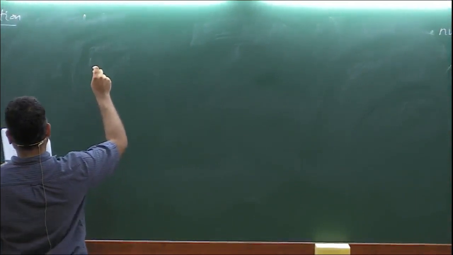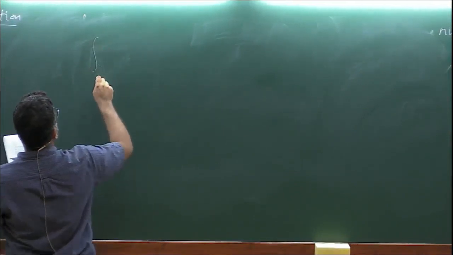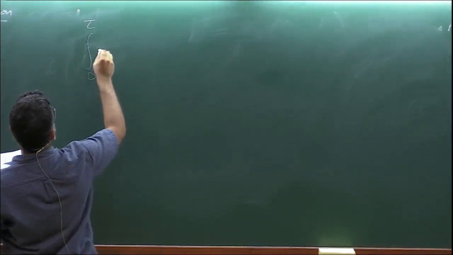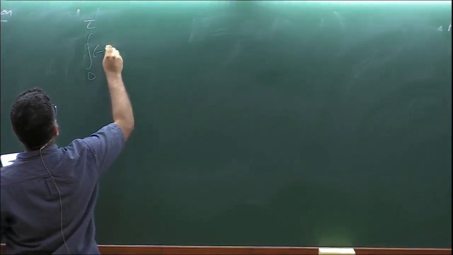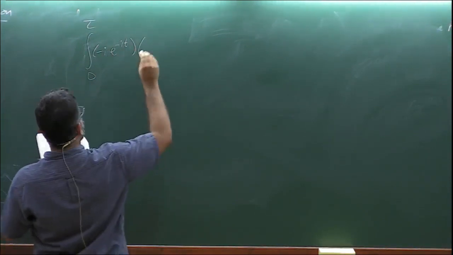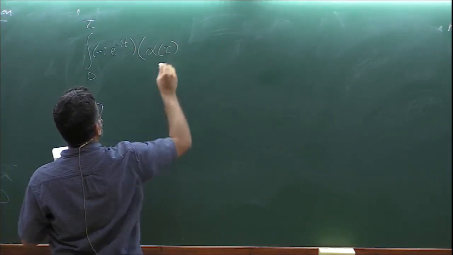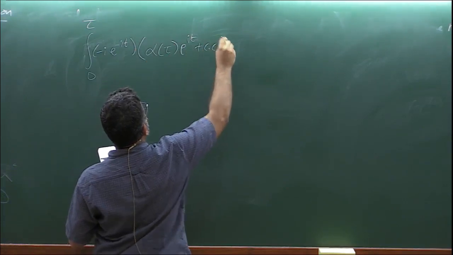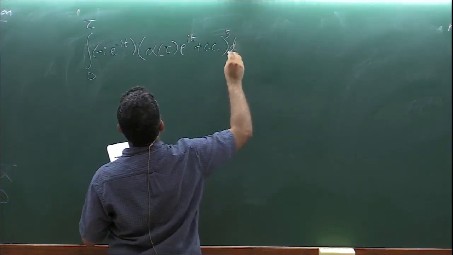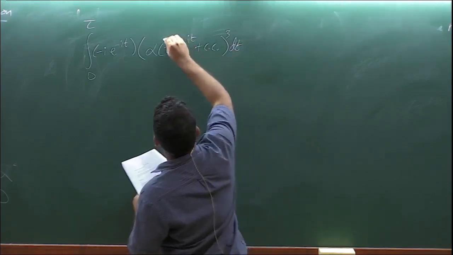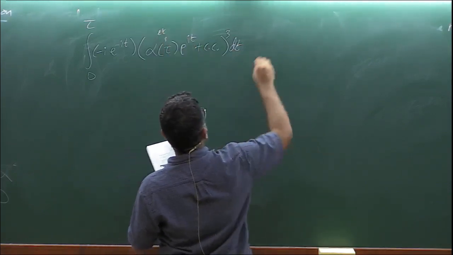If we now do this, I will get the integral from 0 to tau of minus I e to the minus it alpha of tau e to the it plus complex conjugate cubed dt, where tau, remember, is epsilon t.